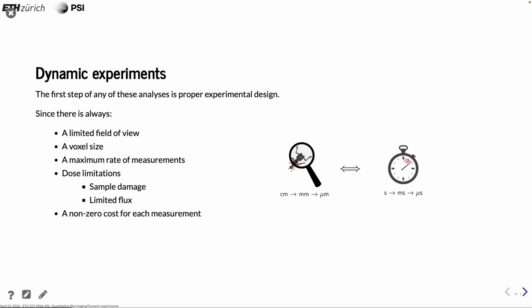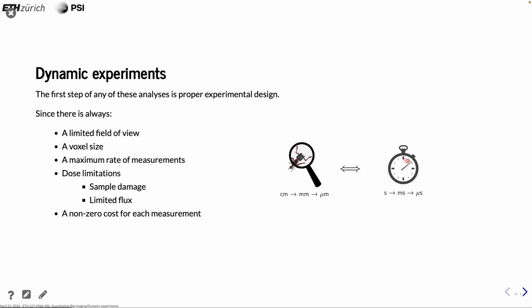When you do a dynamic experiment, you have to do a lot of planning also. First of all, you usually have a limited field of view. You have a voxel size. Also, your detector system has a maximum rate that it allows for doing the measurements at the given voxel size.